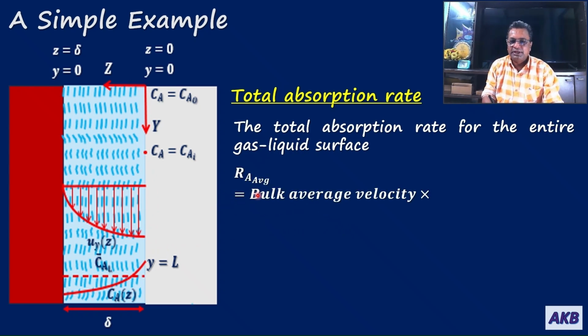It will be given by this equation: RA average is equal to bulk average velocity into flow area into change in concentration. So this equation will give a rate in moles per unit time.